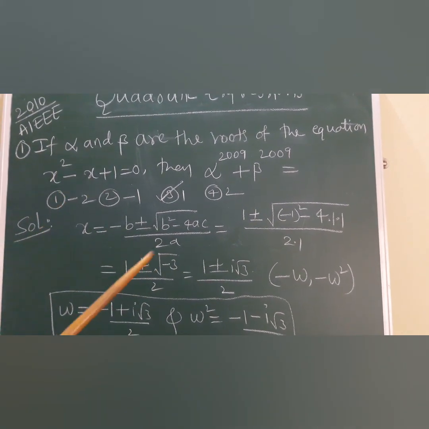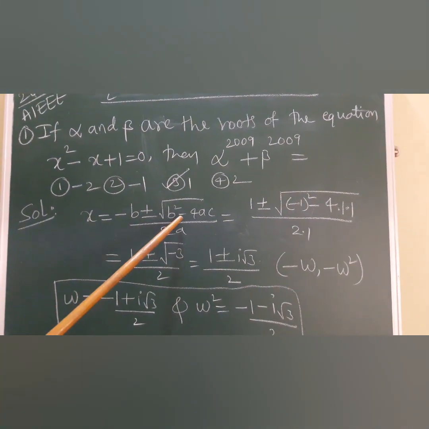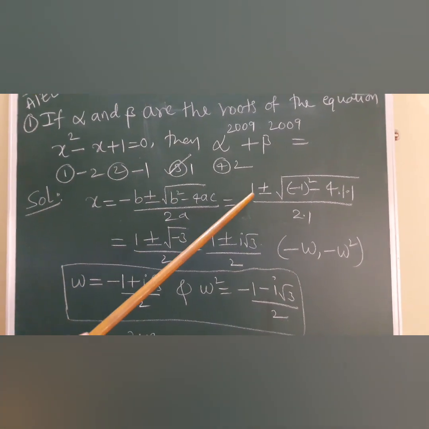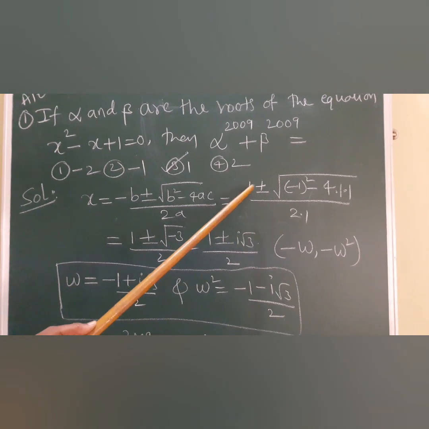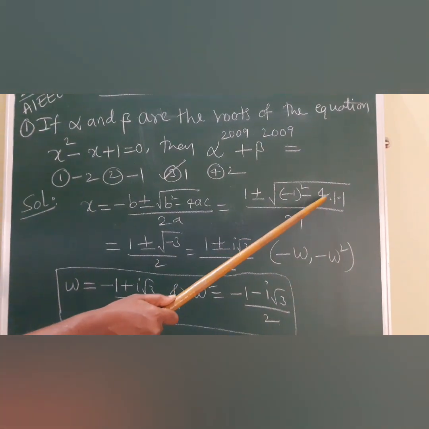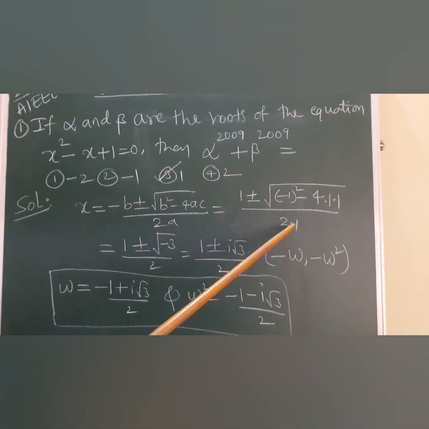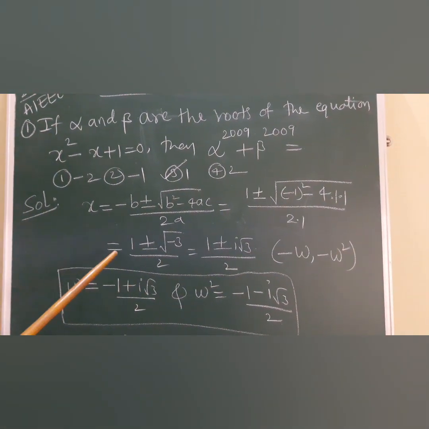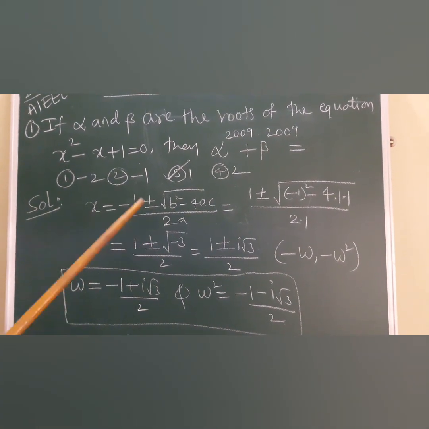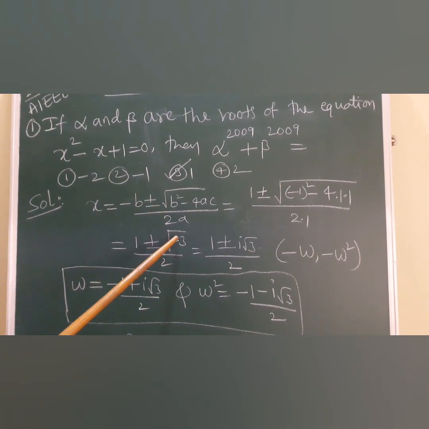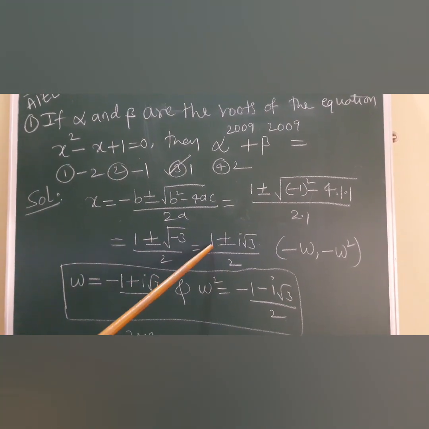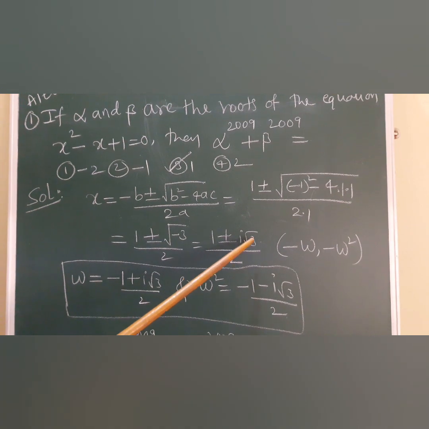By substituting values from the given equation, we get 1 plus or minus under root of minus 1 square minus 4 into 1 into 1 by 2 into 1. By simplifying, we get 1 plus or minus root minus 3 by 2. That means 1 plus or minus i root 3 by 2.